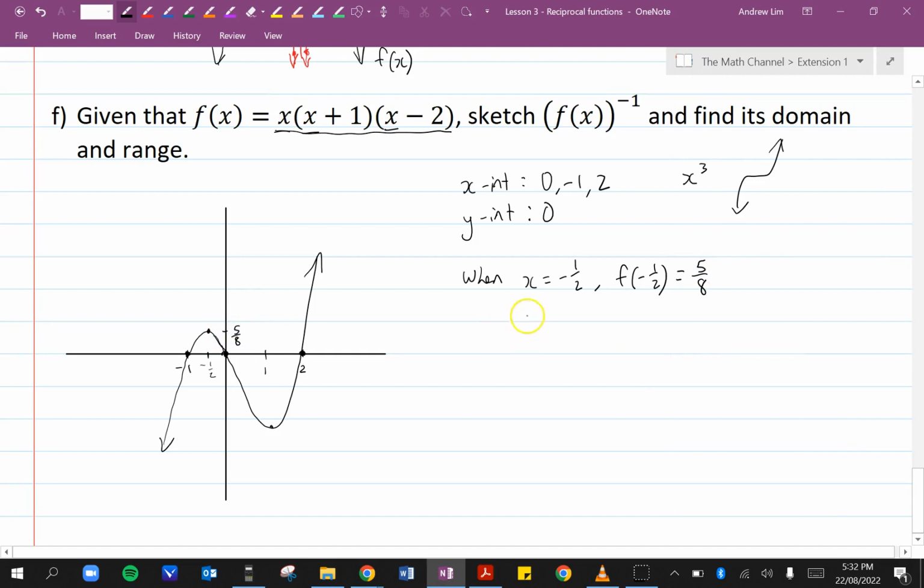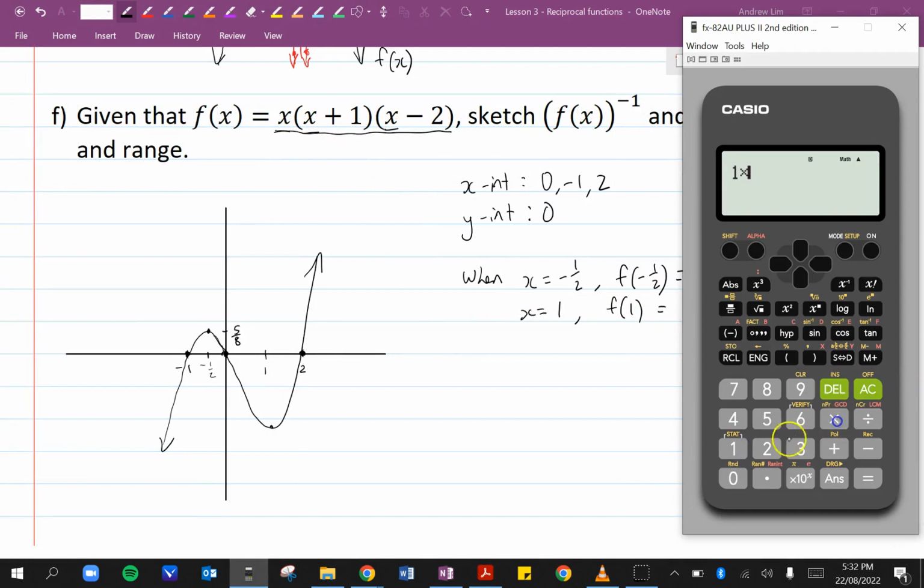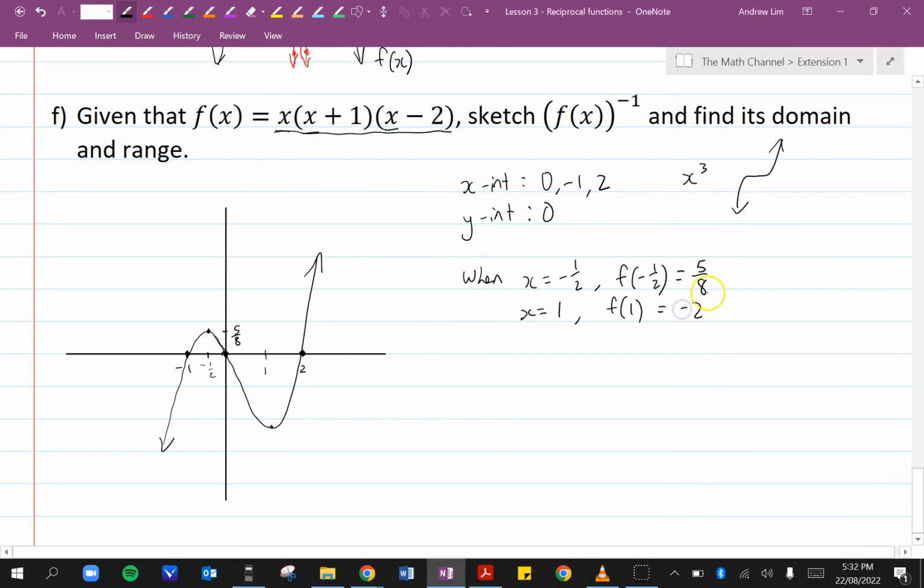And when x is equal to positive 1, f of 1 equals 1 times 2 times minus 1, which is minus 2.